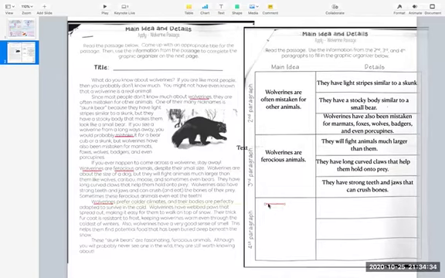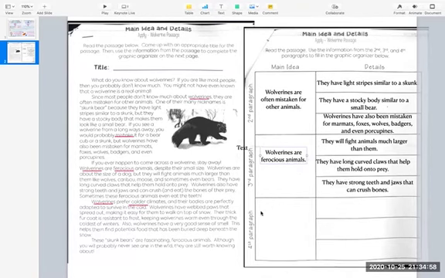So there's a lot of words that talk about cold climates and the conditions there. So I'm going to underline the word colder because I think our main idea here would be wolverines have adaptations, and that's a word that we've seen this week, that help them live in colder climates.